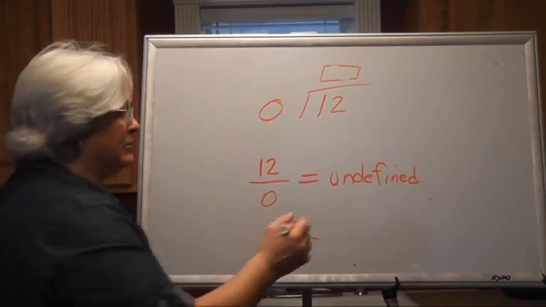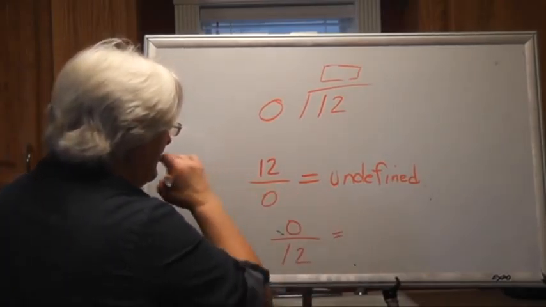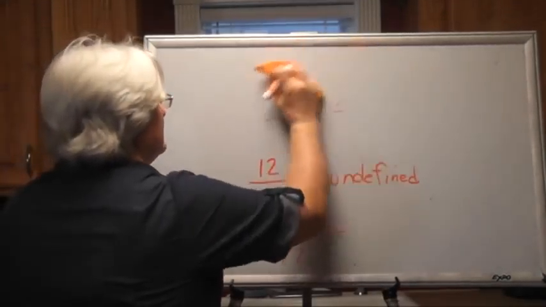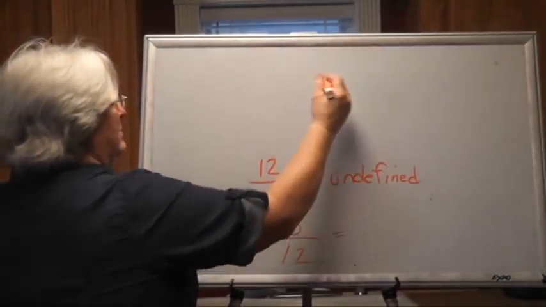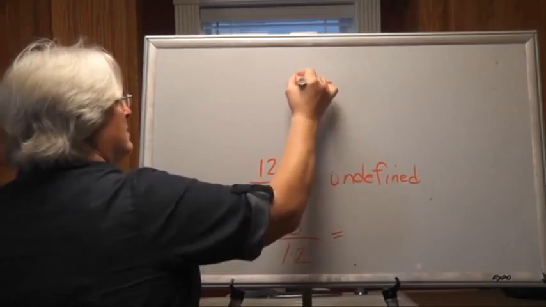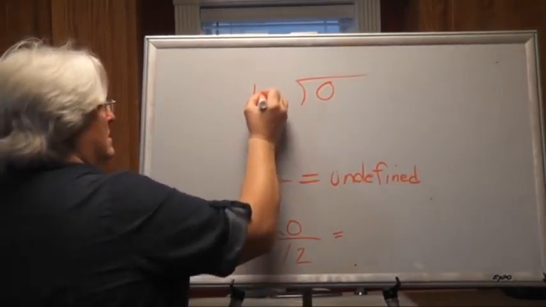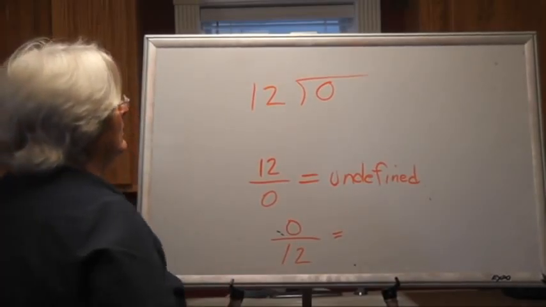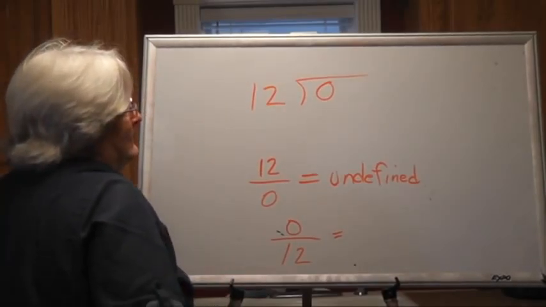On the other hand, 0 divided by 12, if you're starting with 0 and you want to divide no money among 12 different people in your Sunday school class.